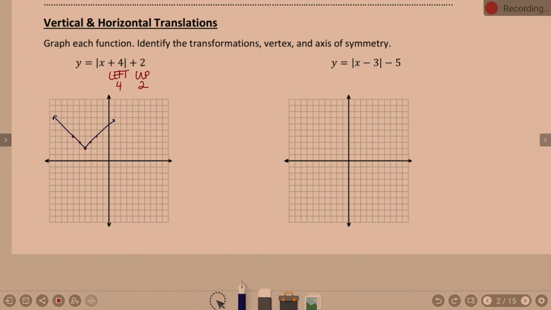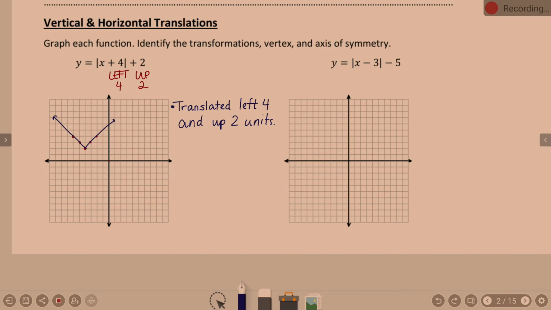So for my transformations, I'm going to say translated left 4 and up 2 units. Because for homework, Savvas will have you picking that from a multiple choice type situation.